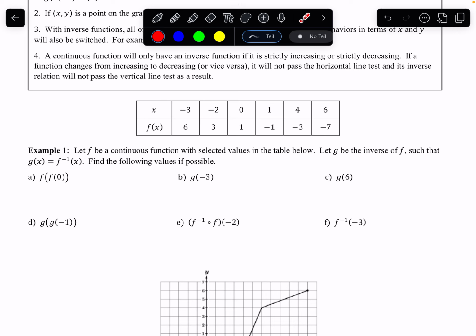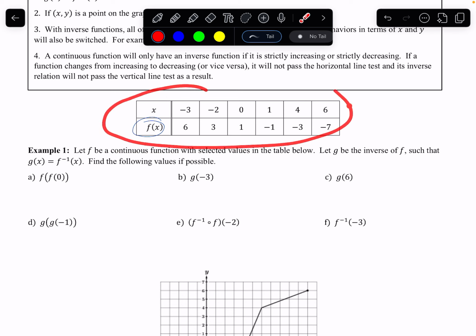Example 1. Let's go ahead and run through these. Let f, so this is function f, be a continuous function. That just means there's no breaks or gaps, with selected values in the table. Let g be the inverse of f.